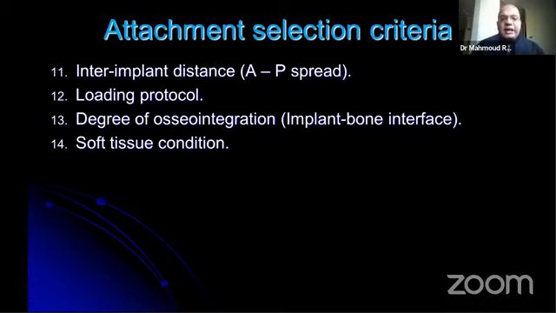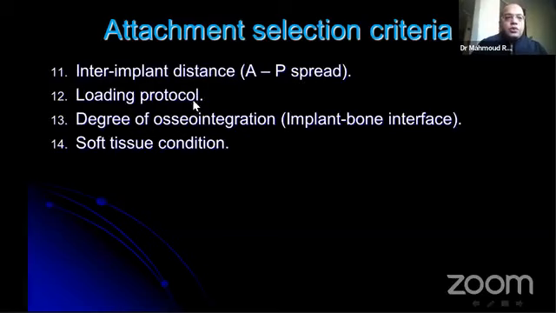So the line passing through the center of the anterior implants and the line passing through the distal surface of the posterior implants, this is what we call the AP spread. You can use a cantilever extension up to 2x or double the distance between these lines.